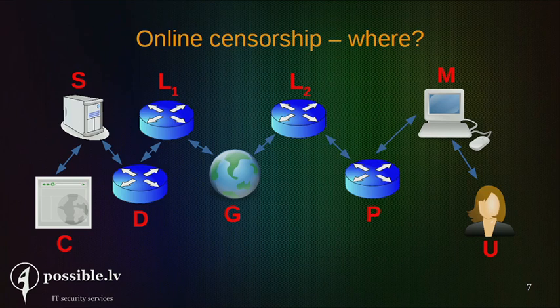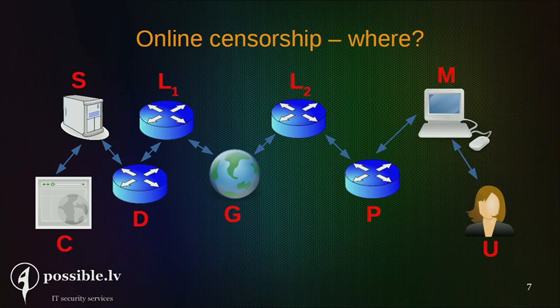Local internet exchanges are labeled L1 and L2. That is where the different national providers of the country interconnect. And global internet exchanges, or rather network of global internet exchanges, is labeled G. That is where all the different countries and all the different providers of different countries interconnect.